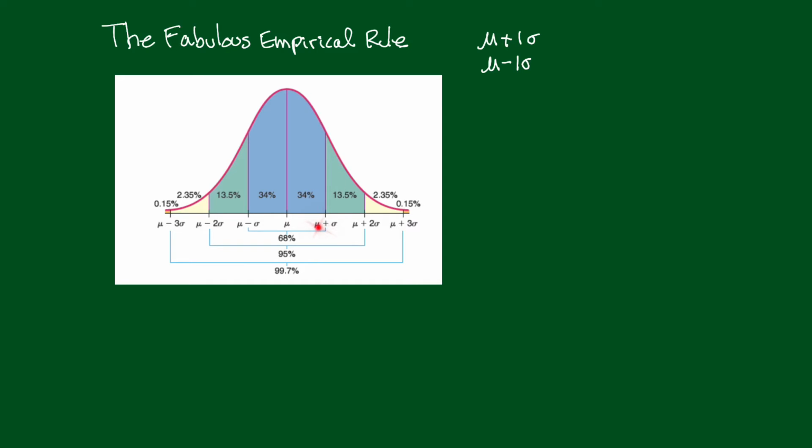There's the mean, and move over a standard deviation. Here's the mean, go to the left a standard deviation. So how much of the data is in here? Within one standard deviation of the mean lies 68% of all the data.